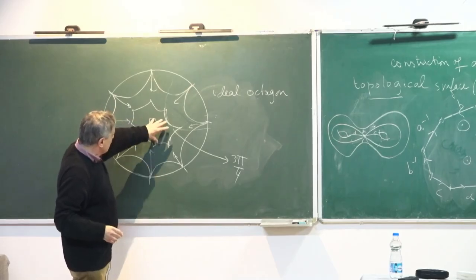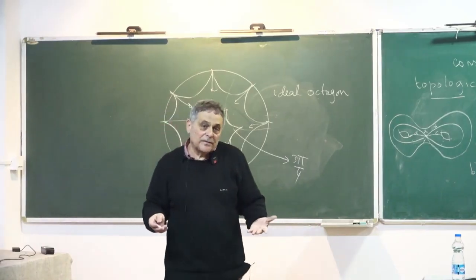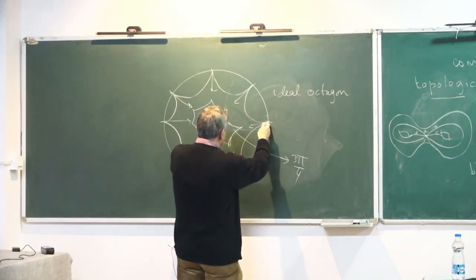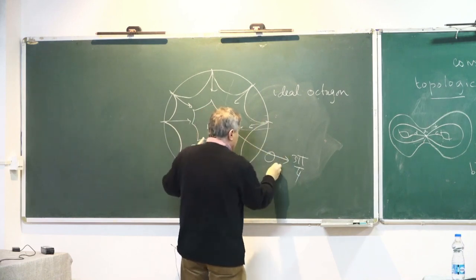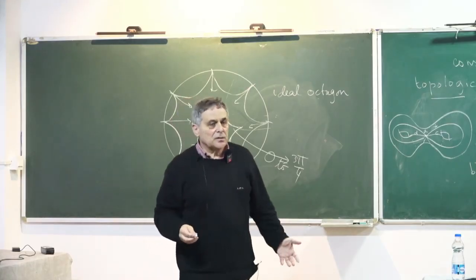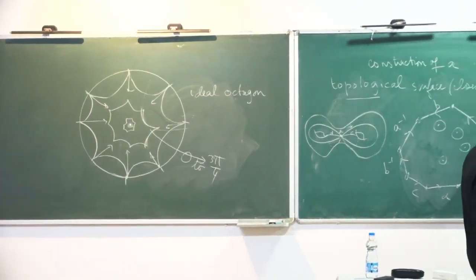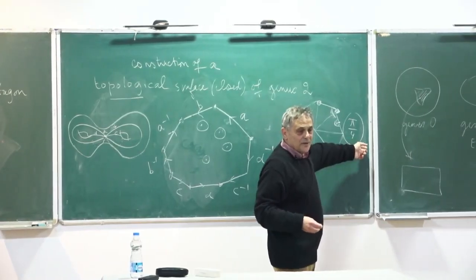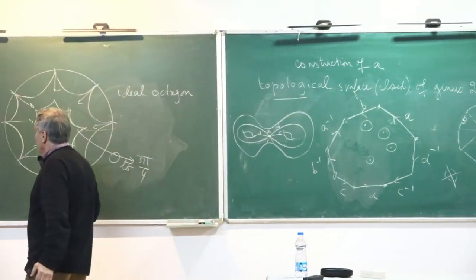When this octagon becomes very, very small, the angles are 3 pi over 4. So the angles, of course, increase continuously from 0 to 3 pi over 4. So in between, we wanted pi over 4 before. Let me write it here.